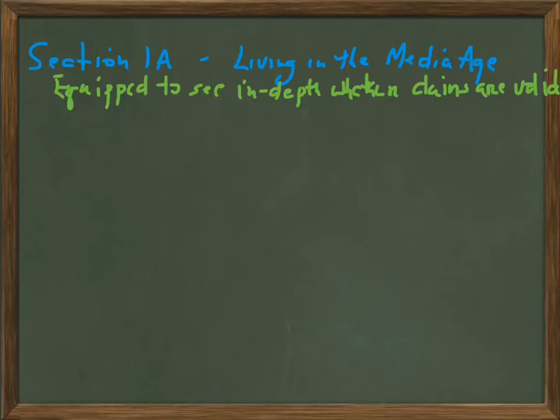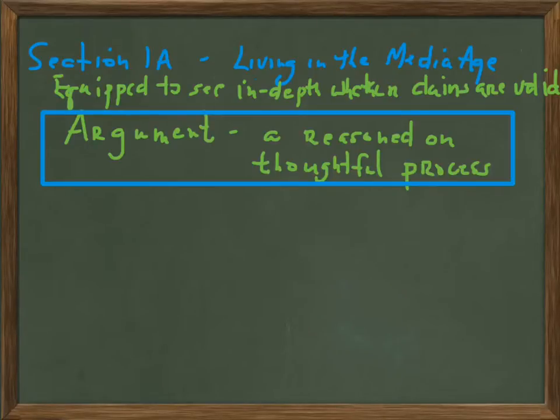So we're going to learn in this section and in the subsequent sections of this chapter whether claims being made are valid. We're going to become equipped to see in depth whether claims being made are valid. So we're going to consider everything that we hear as an argument, which is supposed to be a reasoned or thoughtful process.